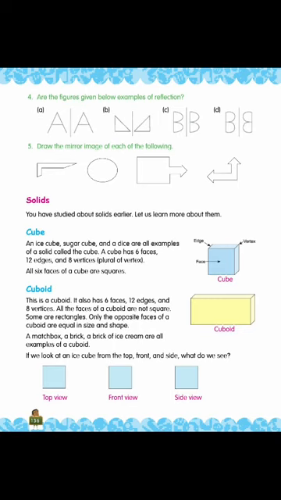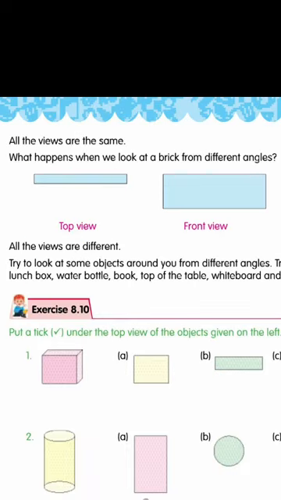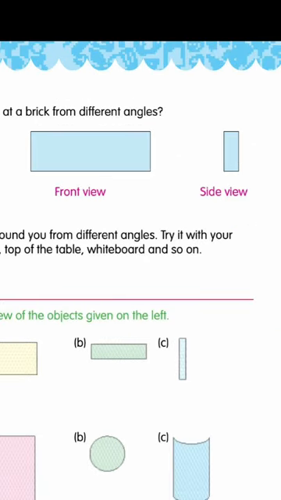Similarly, what happens when we look at a brick from different angles? Now, imagine a brick. So this is the top view, this is the front view and this is the side view.